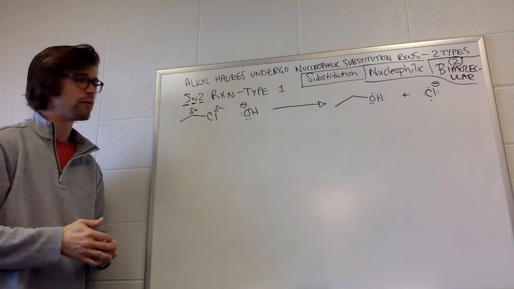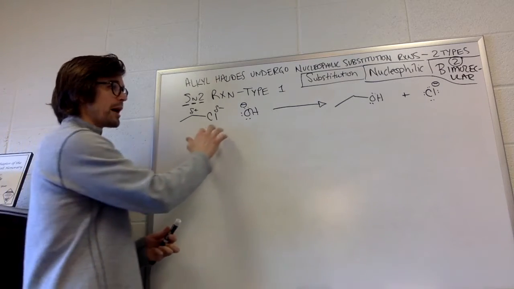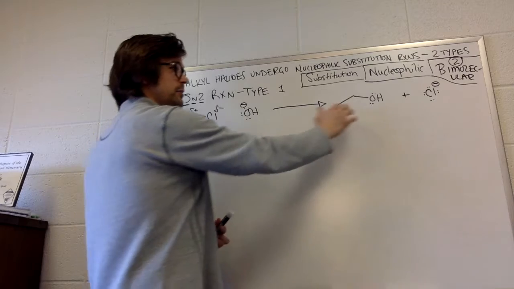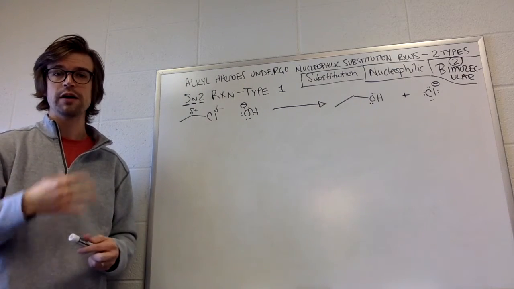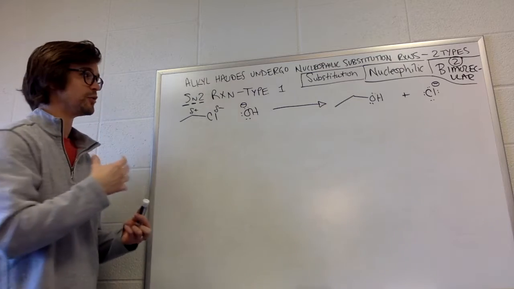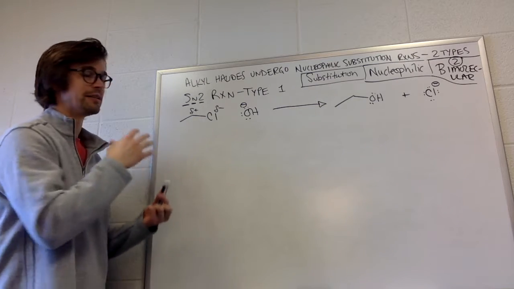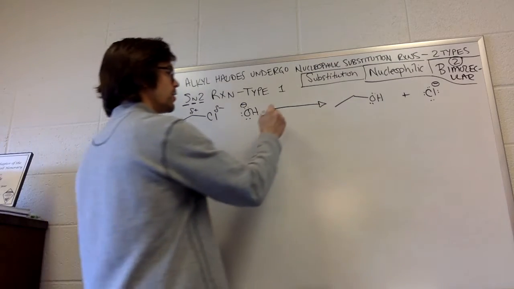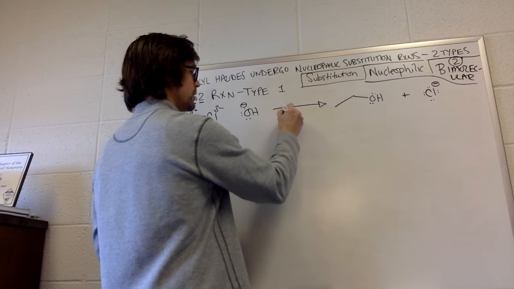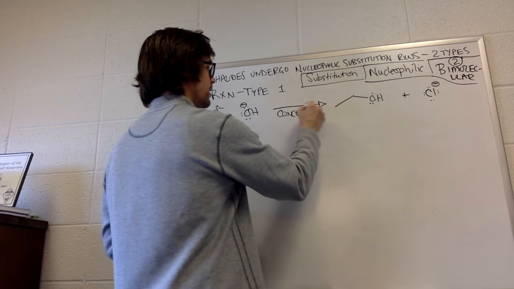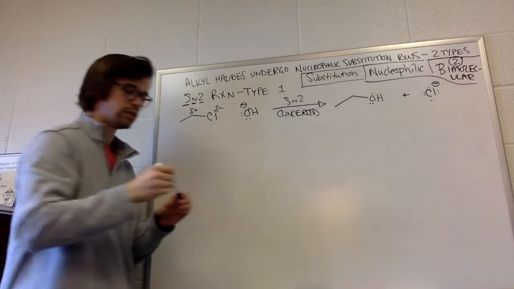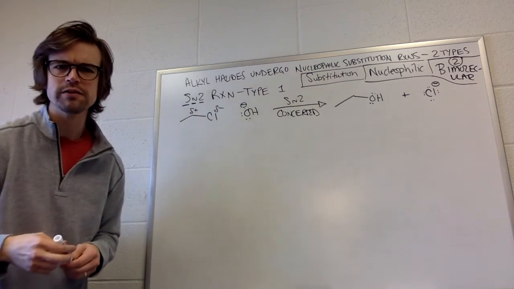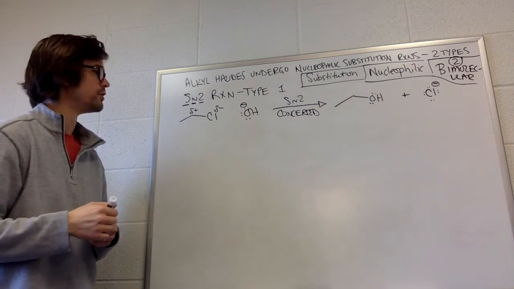So pause the video for a second and try to draw a mechanism showing how these 2 things become those 2 things, because we should be ready to do that now, since we know that it's happening in a single step. This is a concerted one-step reaction. This is an SN2 reaction. So go ahead and pause the video and do that.